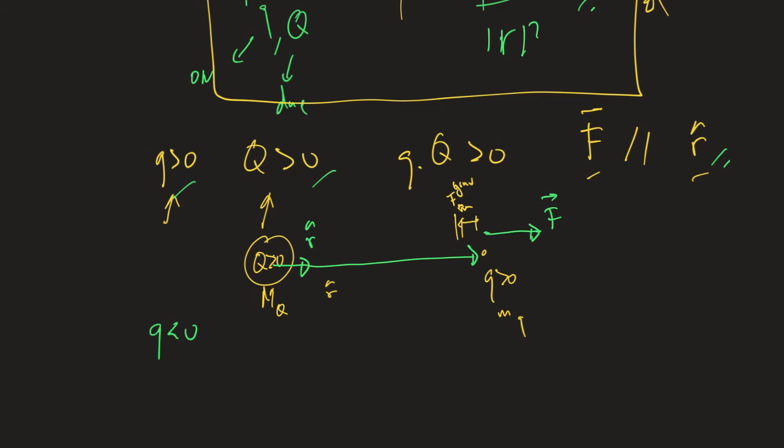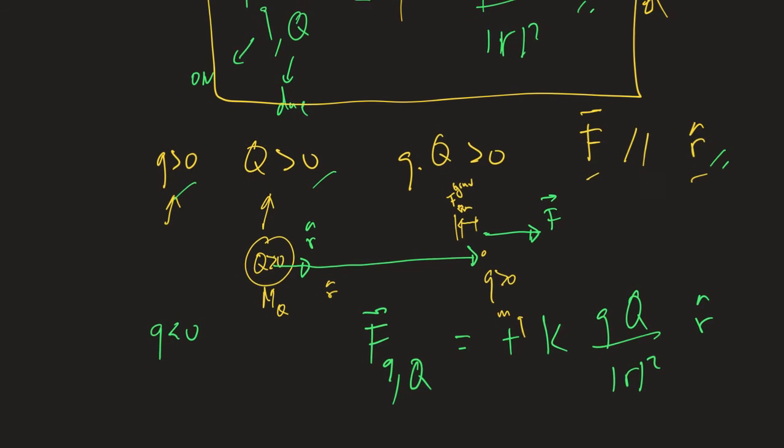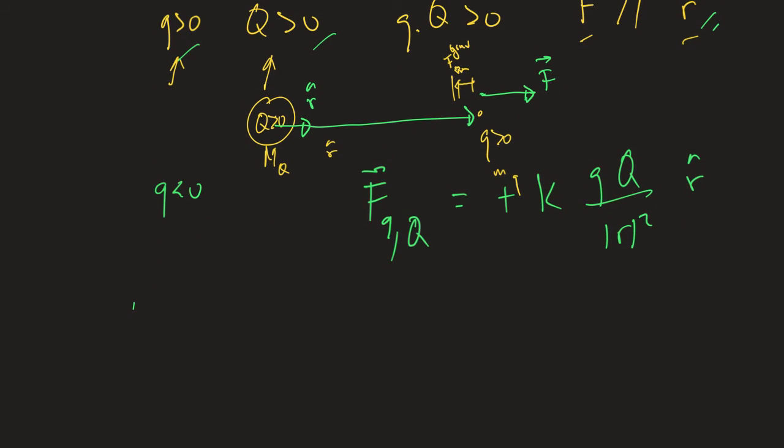Let's put the equation again. The force acting on q due to capital Q is K, q, capital Q, over the magnitude of r squared, times the vector r. So let's say now that little q is negative and capital Q is negative.